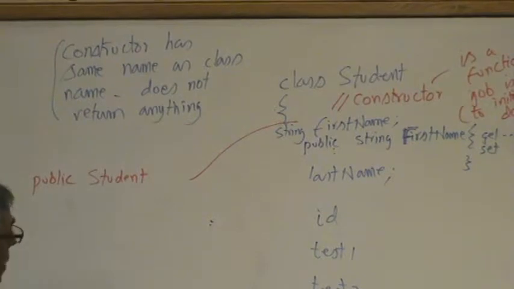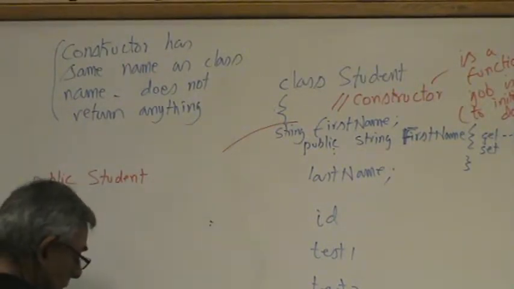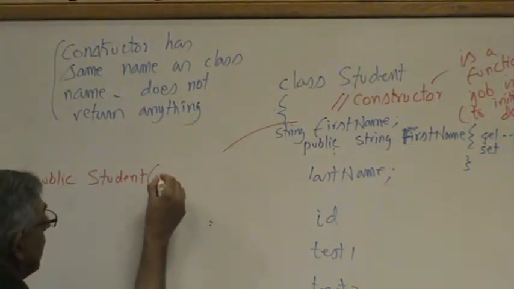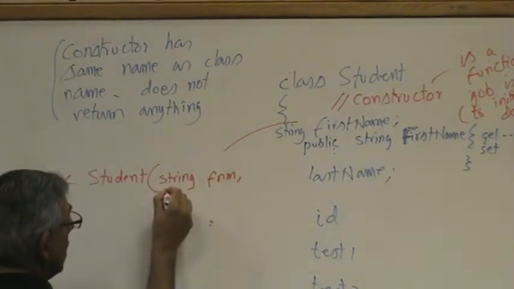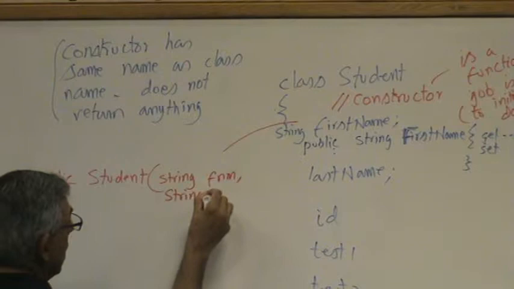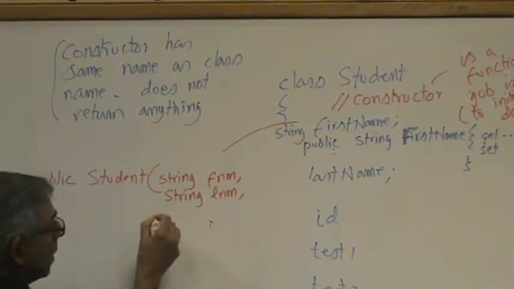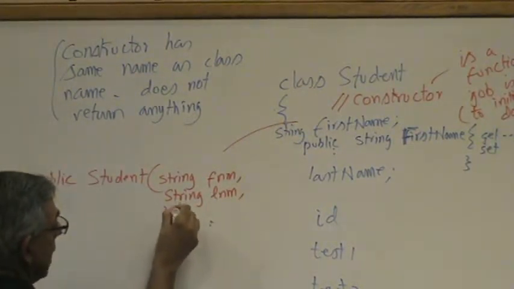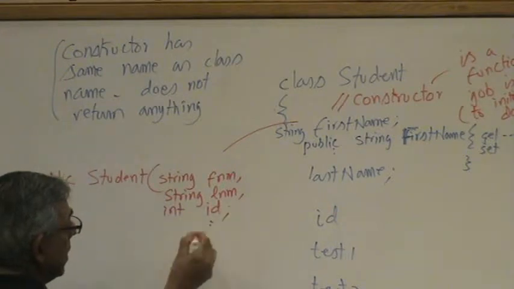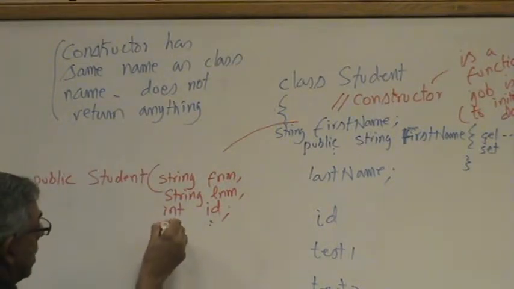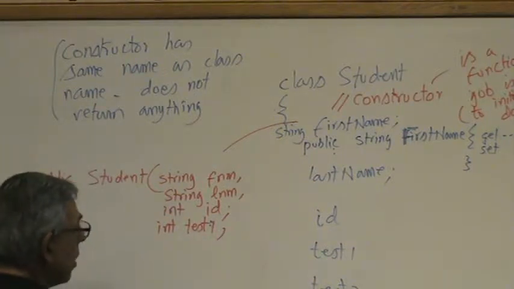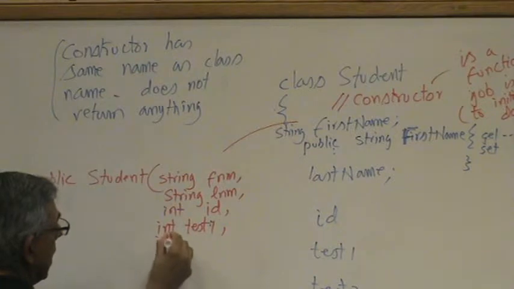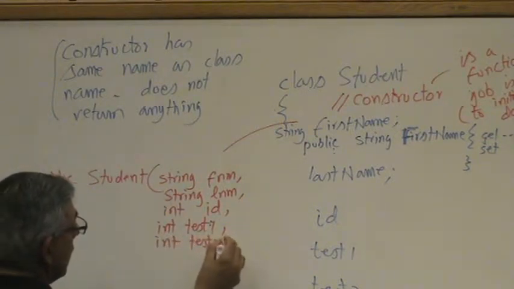So what we will do is we'll give it 5 parameters. So we can say string, for example, FNM, string LNM. ID was an int, we can say int ID. Int test1, sorry, all of these are comma separated. And int test2.